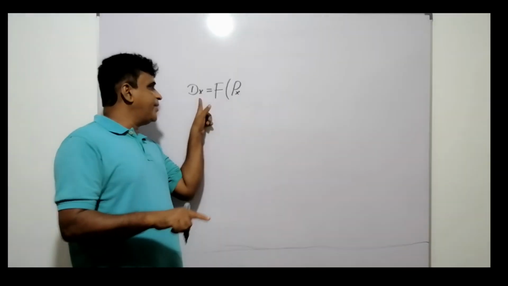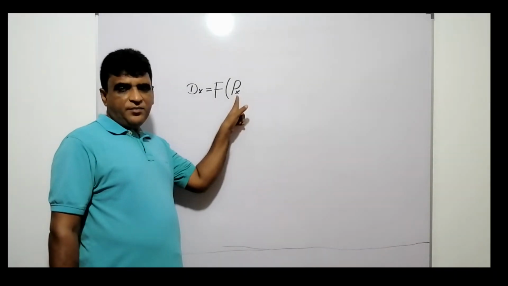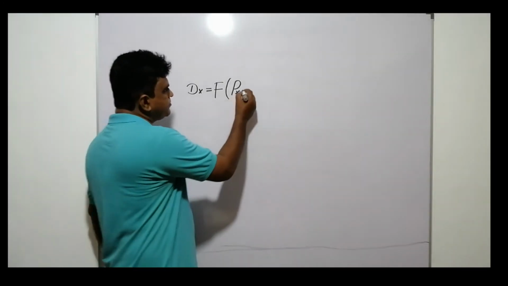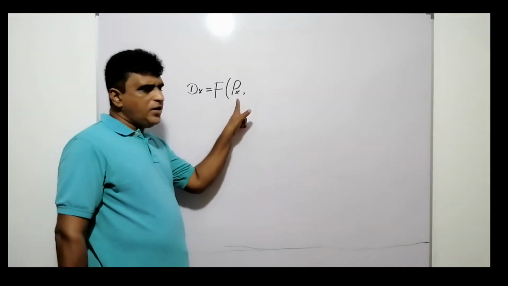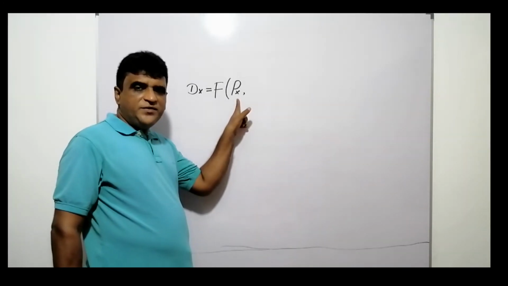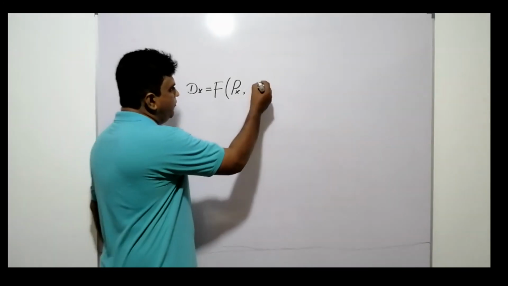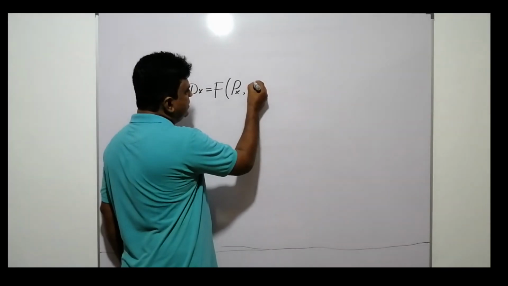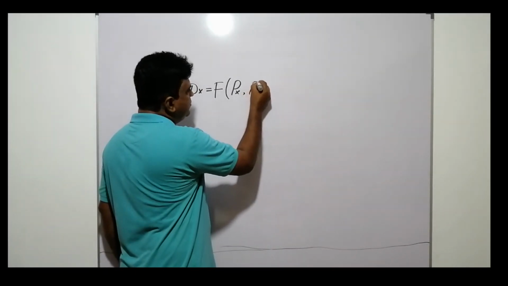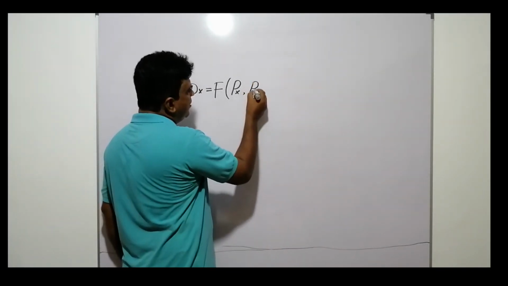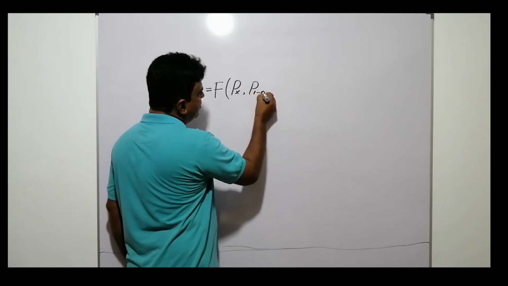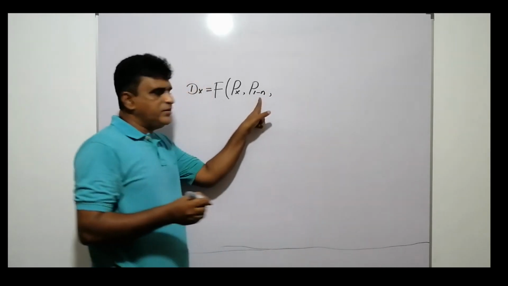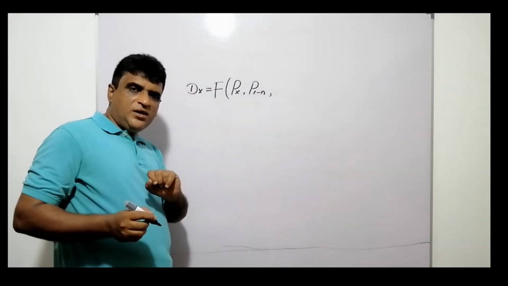If you are considering bread, the price of bread is the Px. What else? Not only the price of the desired good. What else do we have to consider? Price of other goods, which we can say as P1 to Pn, a number of goods.